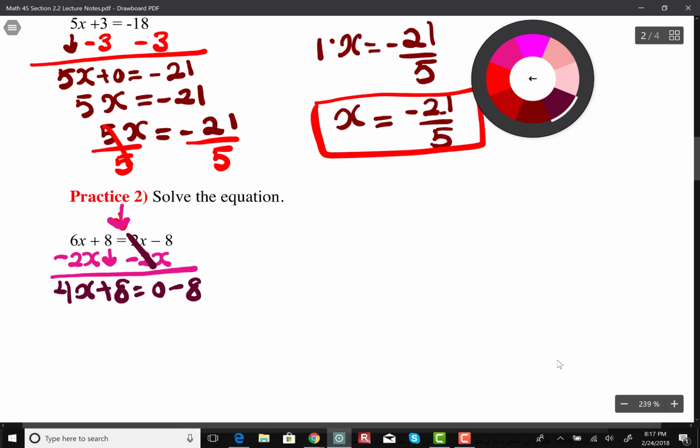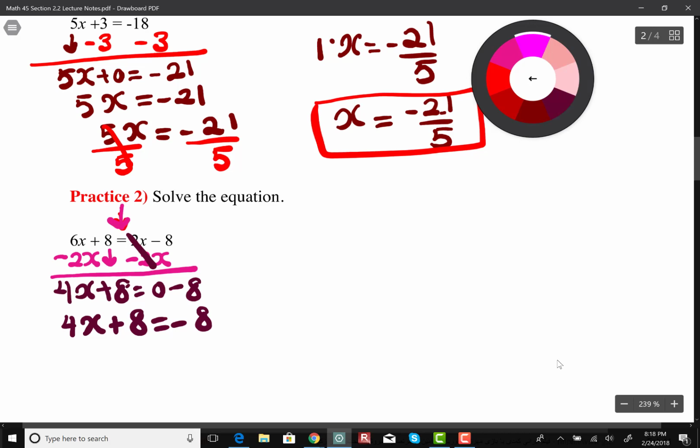The next step is to, first let me write it down. The next step is to use the addition property again. So we used it once in here, and we're going to use it again because we need to move 8 to the other side.